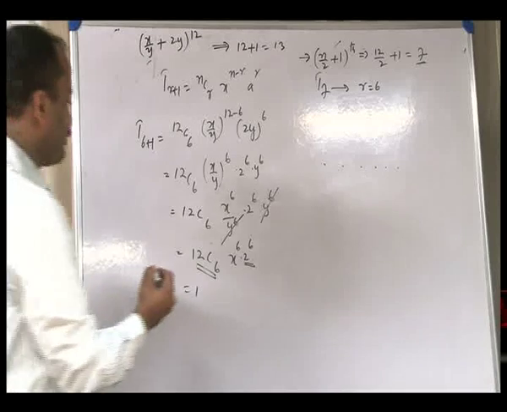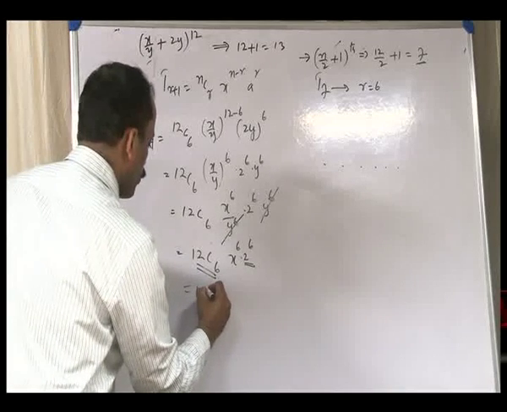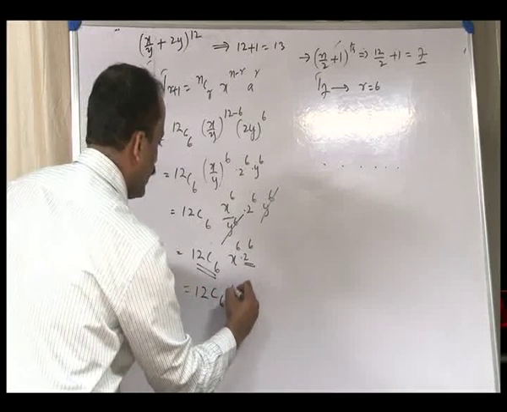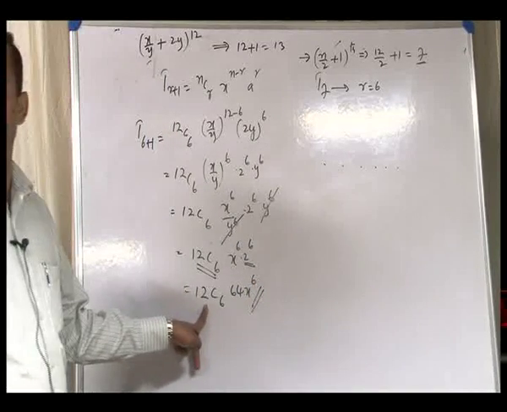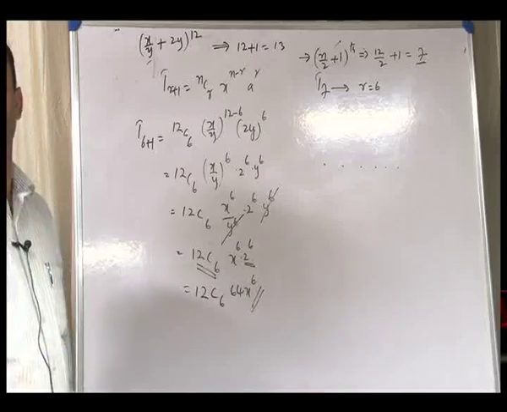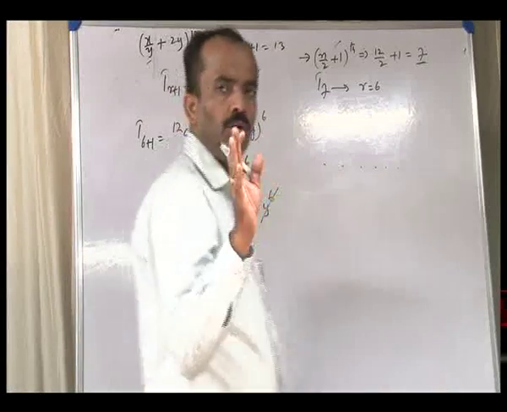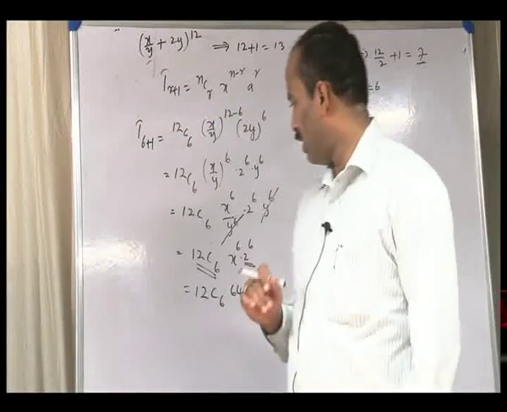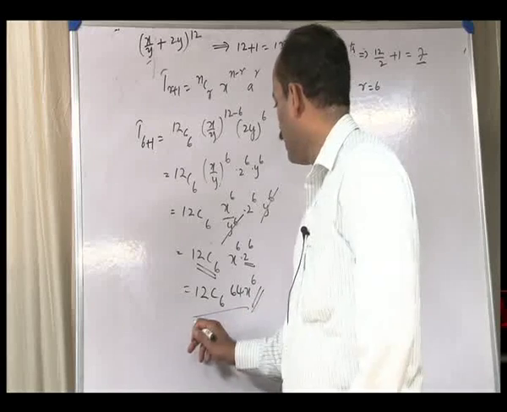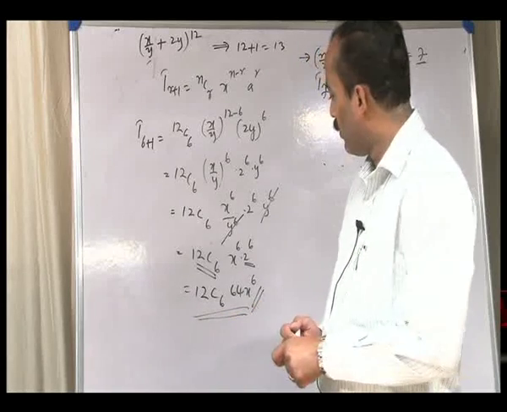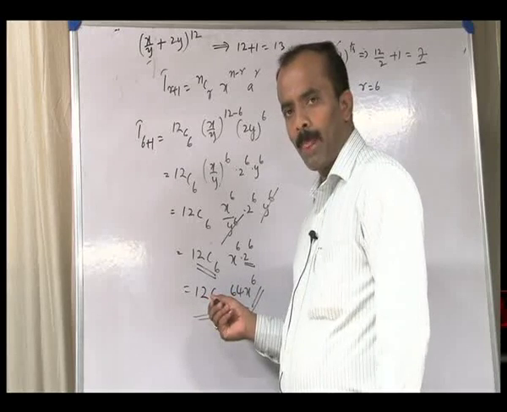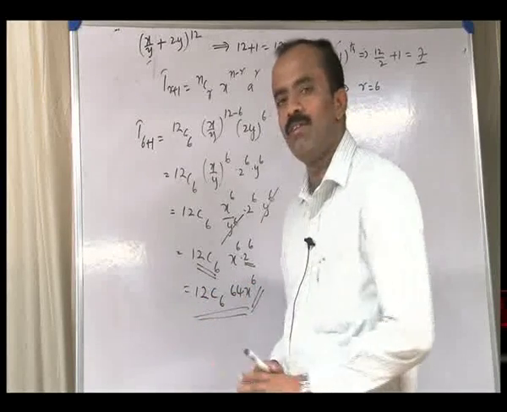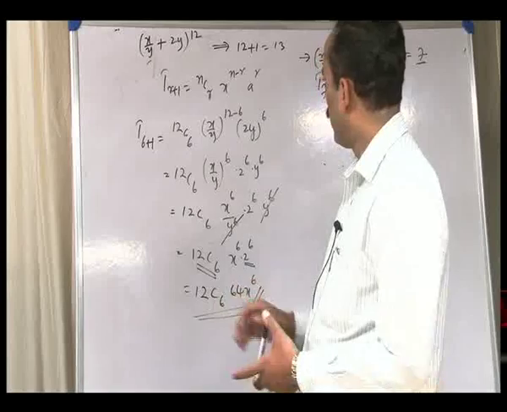So, 12C6 into 64 x power 6. Or we can find 12C6 using the nCr formula, n factorial divided by r factorial into (n minus r) factorial, or we can let it be. Whether you write the value after finding it, or simply write 12C6, nothing to worry.